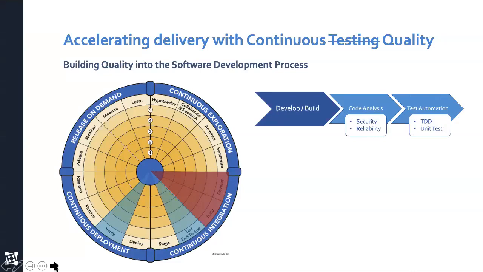Now, if I break down the radar, I can break it down into a series of practices within the different phases. So within the develop and build phases, this is where code analysis can help us. I'm not talking about just static code analysis with open source or something like SonarQube. I'm talking about things which can uncover deep reliability and security issues, and I'll dig into those in a few moments.